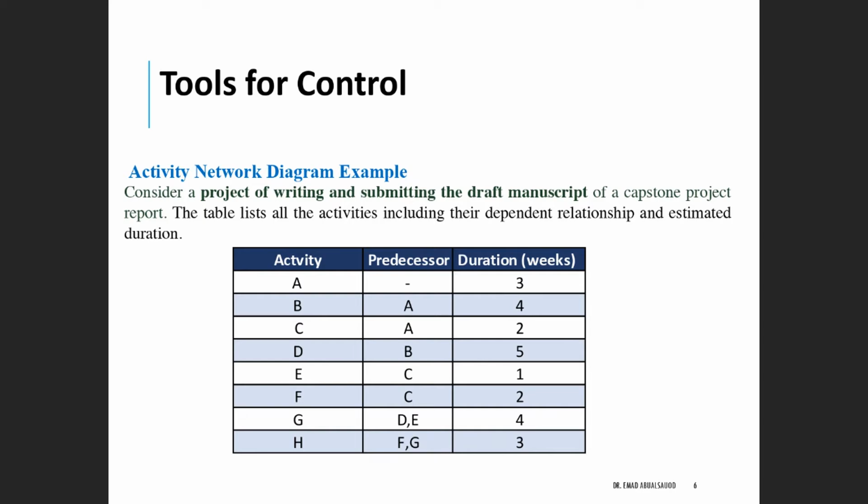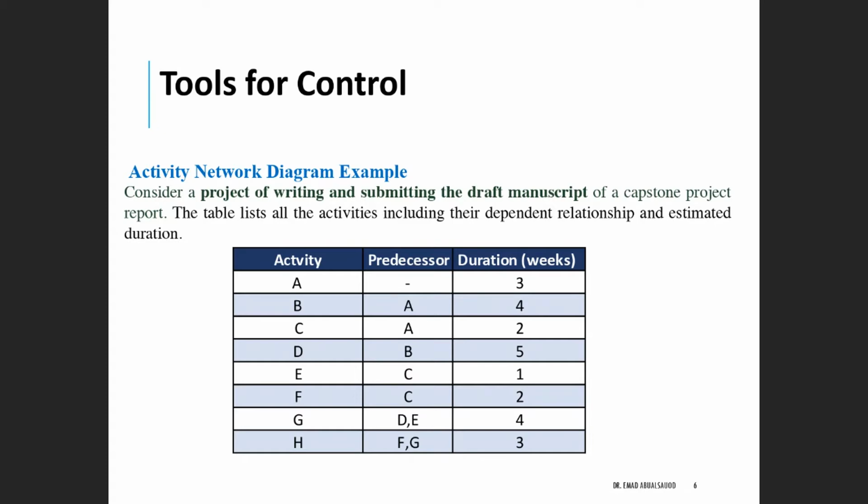For example, your capstone project now, you have a sequence of activities. You have to search for a topic, you have to search for an advisor, and then you have to fill forms and submit them to be accepted. Then you do the first phase of the project, which is 491, and in that phase you have some deliverables to be done, like writing the report, which includes different phases: introduction, literature review, methodology.